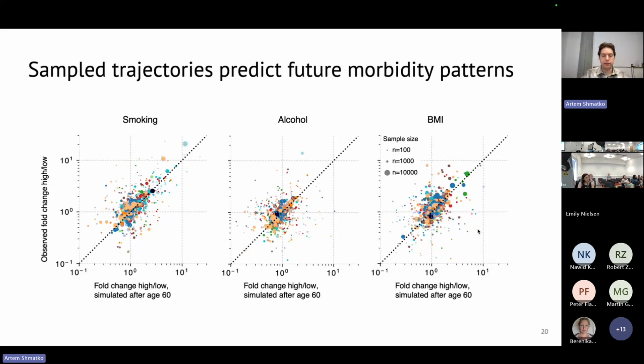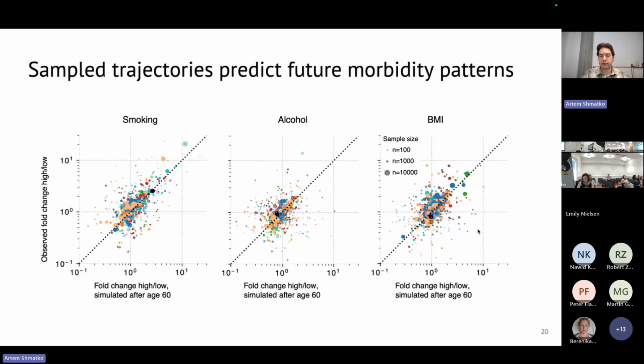And we calculated this fold change between high and low smoking groups in these real after-60 diseases that happened for the people in the data set, and in simulated continuations of these trajectories after 60.